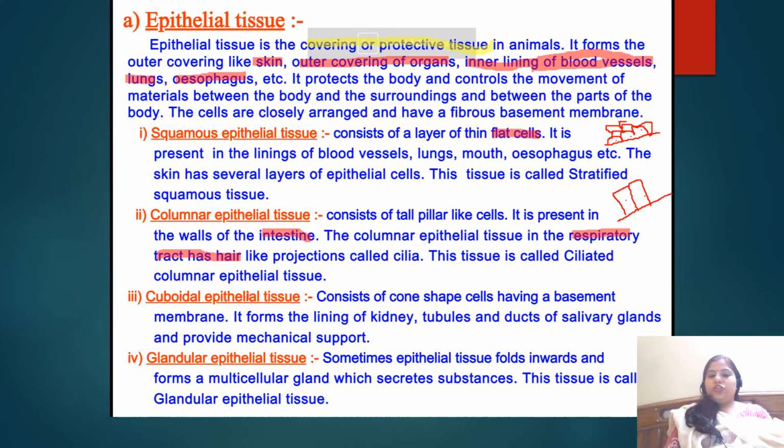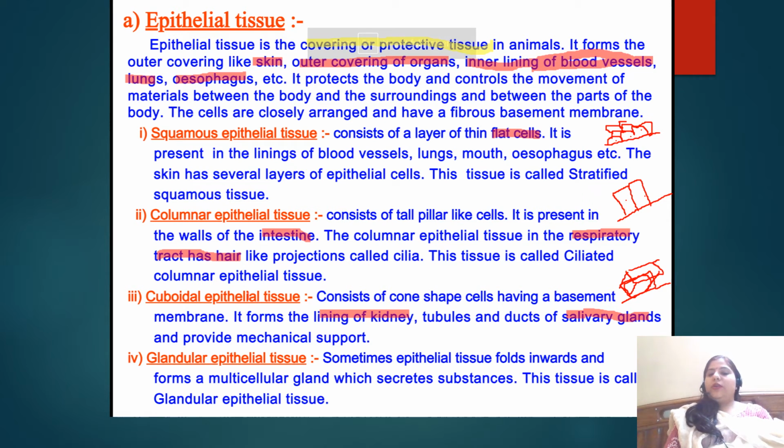Then we have cuboidal tissue. Cuboidal means cube shaped. On one baseline, cuboidal shaped cells are present, on a basement membrane, and this tissue is seen in the lining of the kidney and in the salivary glands, and its function is to provide mechanical support.